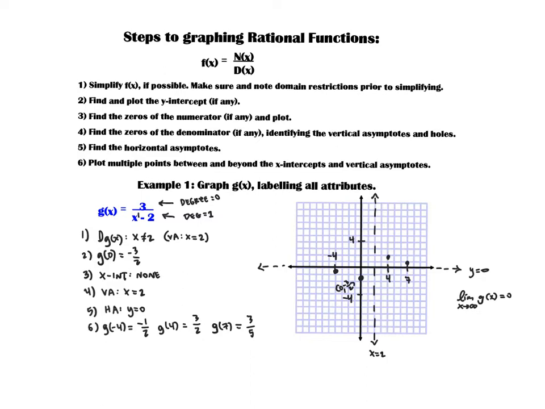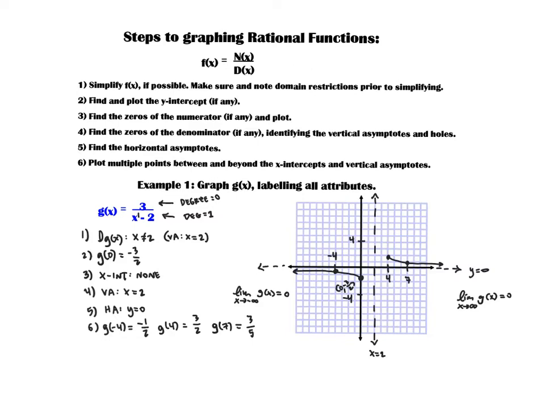So my graph is going to head this direction and approach 0. The same will be true for the end behavior on the left. So as x approaches -infinity, g of x is going to be 0 as well. So our graph will look kind of like this on the left side.